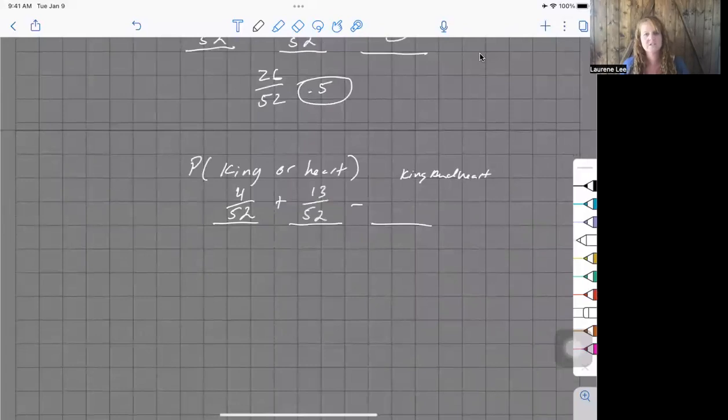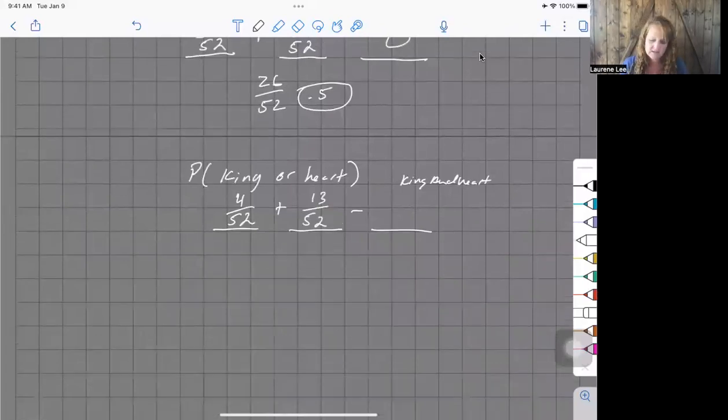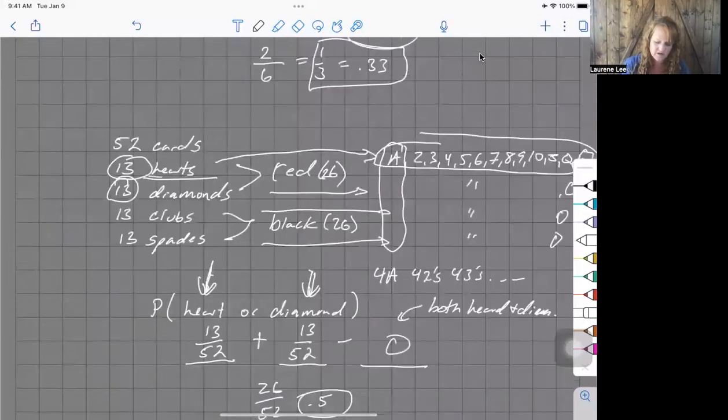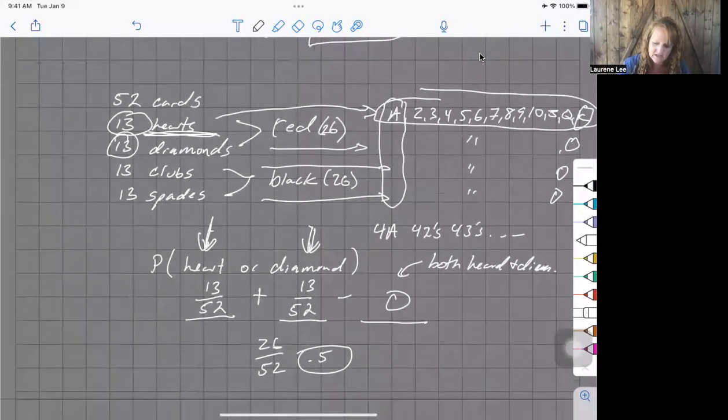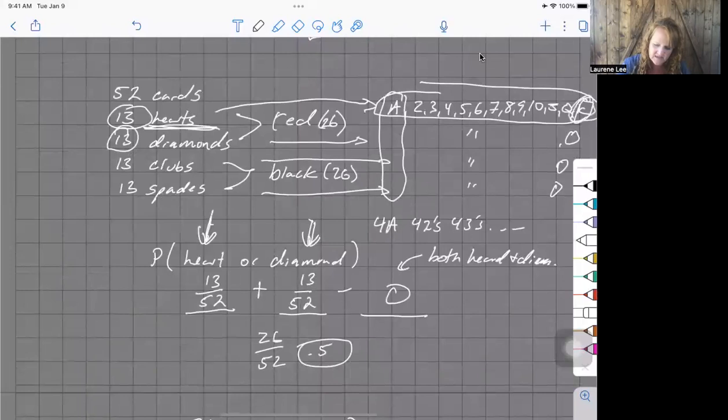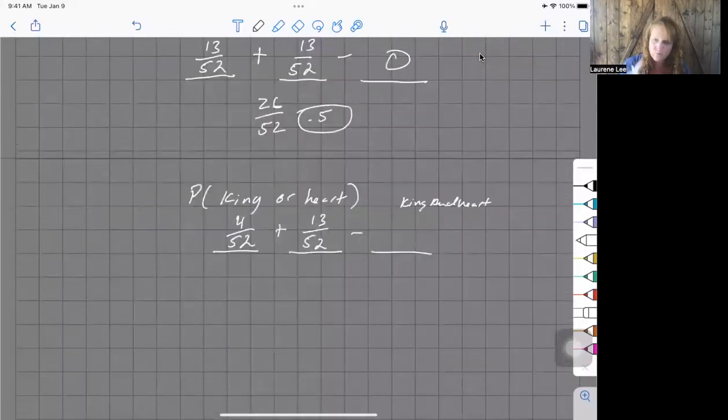Now, the question is, is there a card that is a king and a heart? And the answer is yes, because my heart cards are all laid out right here, and this is the king of hearts. So I have one card that is a king and a heart, and that's what I'm subtracting off. That's my overlap.